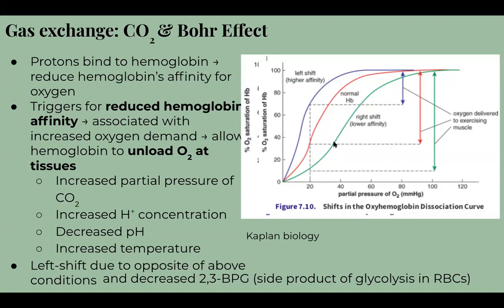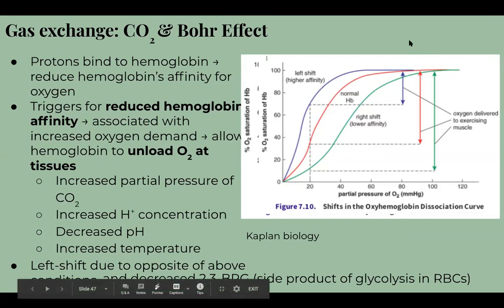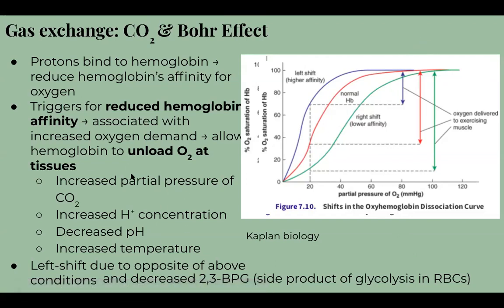Think about the Bohr effect. In certain conditions, there's also a leftward shift, which is increased affinity of hemoglobin for oxygen. The conditions for this are basically the opposite of any of these conditions: decreased CO2, decreased H plus concentration, increased pH, decreased temperature. And another one that might come up is decreased 2,3-BPG concentration.